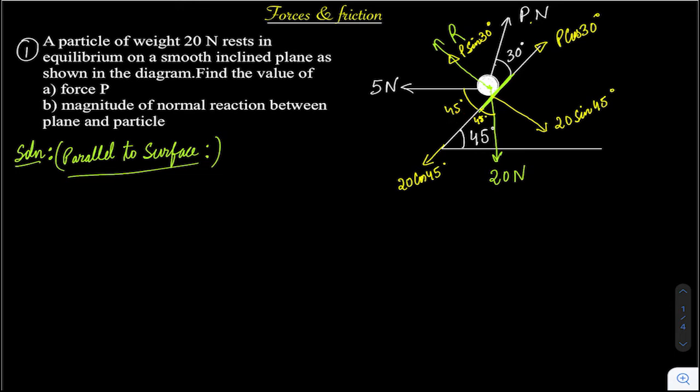So what are the components of this? This component will be 5 cos 45, and the other component will be 5 sine 45. I hope it's clear. So now we have resolved the forces in the directions that we want.